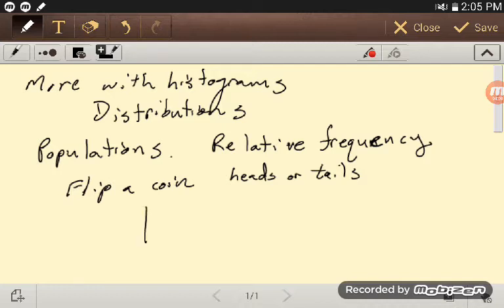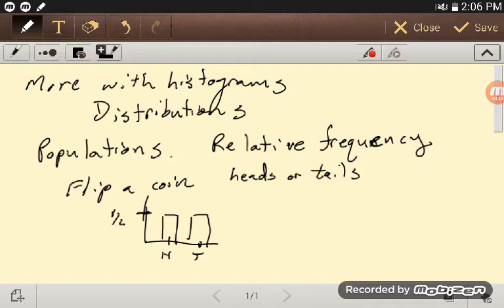So when I flip this coin, if I think of heads and I think of tails, then I would expect my bar chart to be the same size as far as my population. And I'd use a relative frequency, and we'll put this at 1/2 or 50%. So that's what my population looks like.